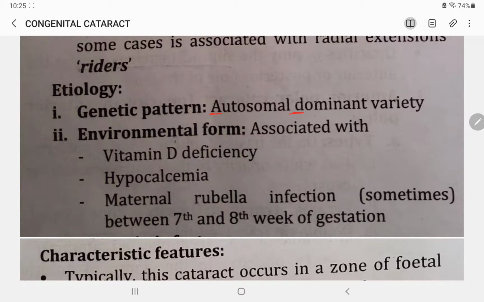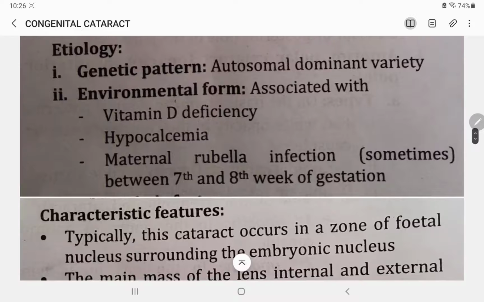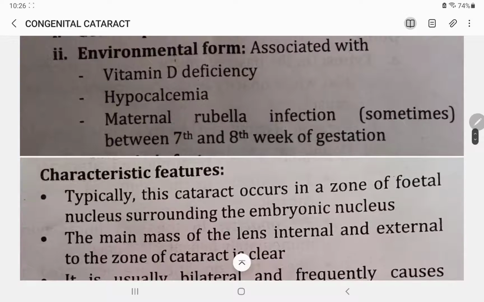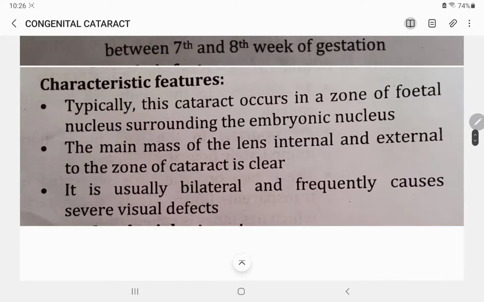It is again associated with hypovitaminosis of vitamin D, hypocalcemia, less calcium, and also maternal rubella infection or any kind of infection during pregnancy, especially maternal rubella infection between the 7th and 8th week of gestation. So that's about the zonal or lamellar cataract.